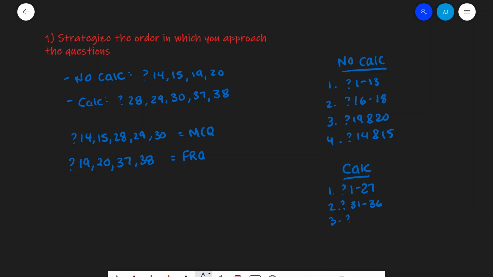Then do the hardest free response problems, which are 37 and 38, and then go back and do the hardest multiple choice problems, which are questions 28, 29, and 30. By strategizing the order of the questions you tackle, you can ensure that you get as many questions right as possible and maximize your score.